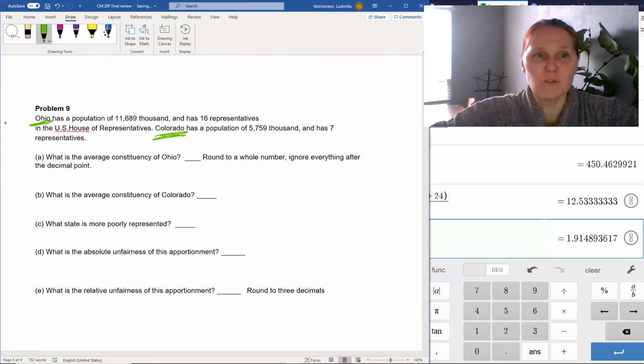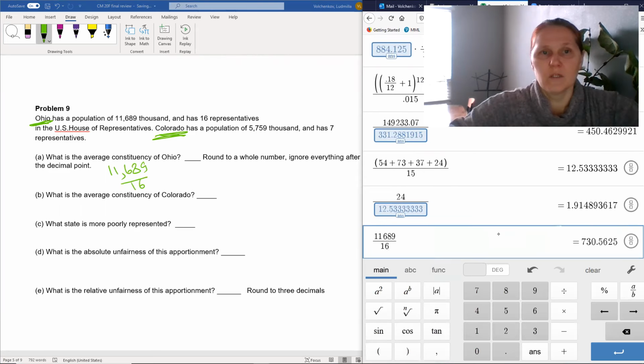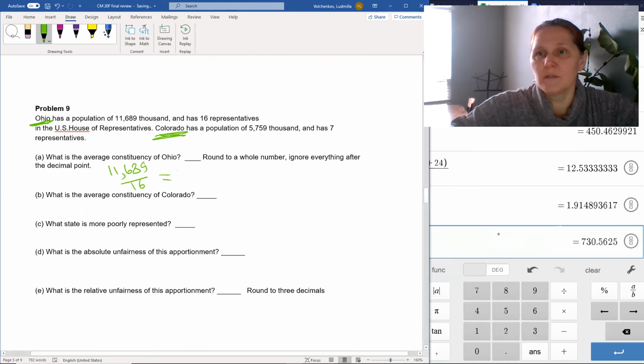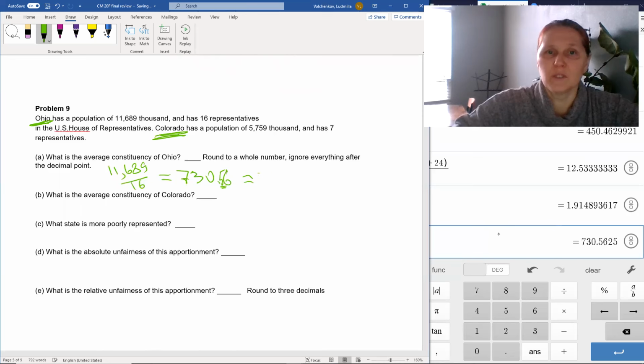The average constituency is the fraction 11,689 divided by 16. So this is approximately 730.6, but 5 is rounded up. So it is approximately 731.